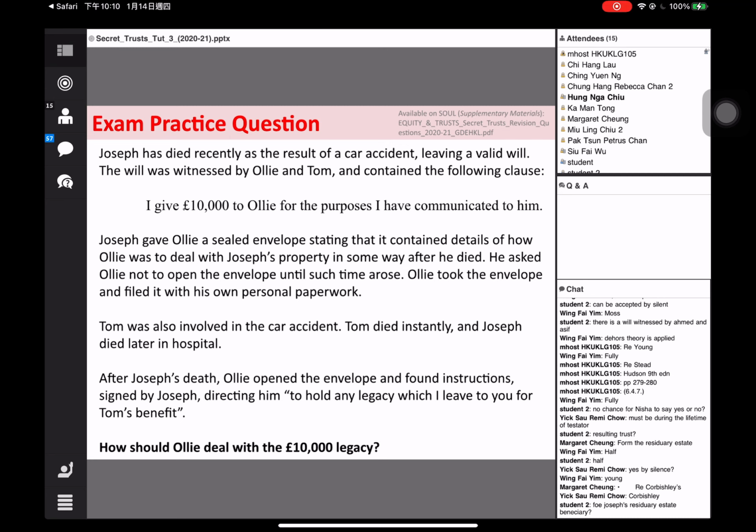Maybe, in actual fact, one of them died a split second earlier than the other, but it's impossible to prove. Now, this can be relevant in a legal context such as this, when it determines whether he died before the testator or not. This is just one context where it's relevant.